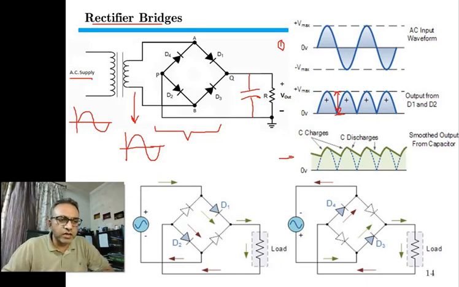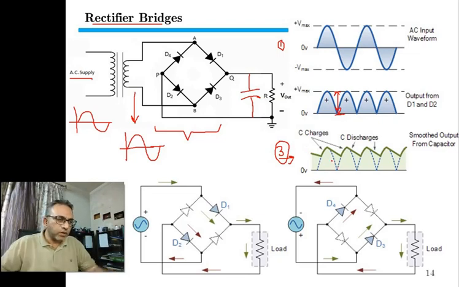and this capacitor will smooth out the output voltage. And in the third diagram, we see the capacitor in action. Actually now in the third diagram we see two waveforms. First waveform are the dotted lines. These dotted lines represent the output DC voltage without capacitor.